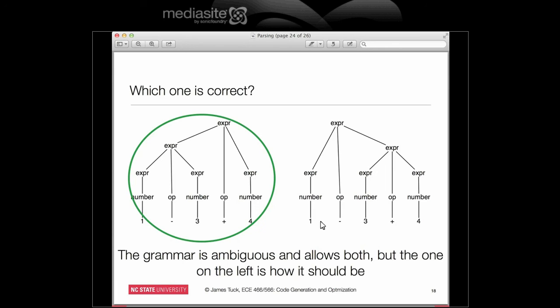And in fact, if you think back to C, and if you took 209 from me, or if you took 209 here at NC State, then we talked a lot about operator precedence. And in fact, that's kind of the problem we're dealing with here. What we really want to have happen is that we want operators to the left to have higher precedence than operators to the right. And so in our grammar, we need to specify precedence rules. And that is in fact how you handle this problem.